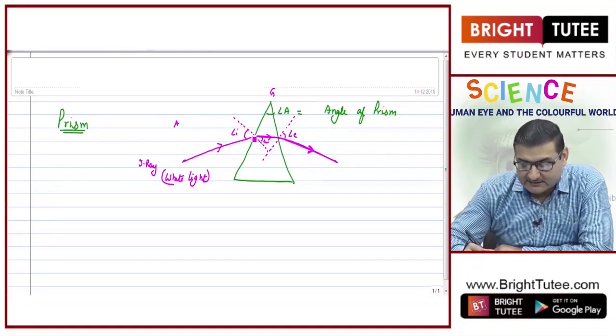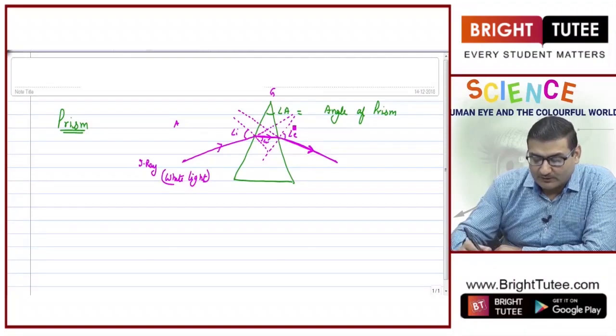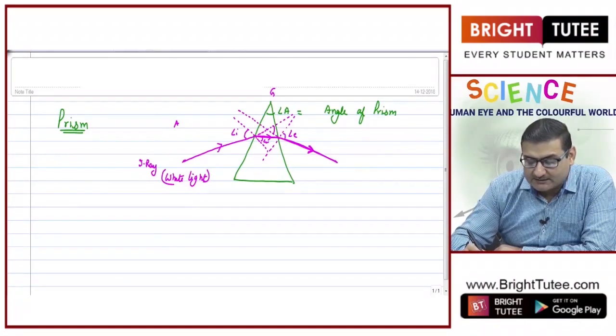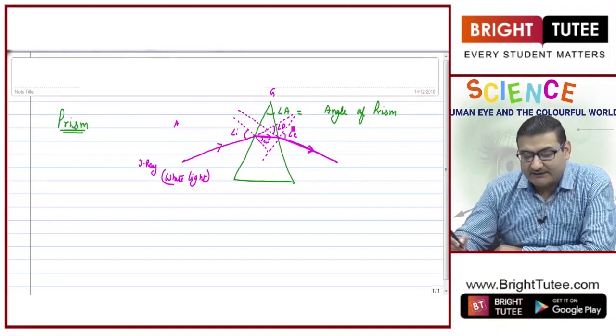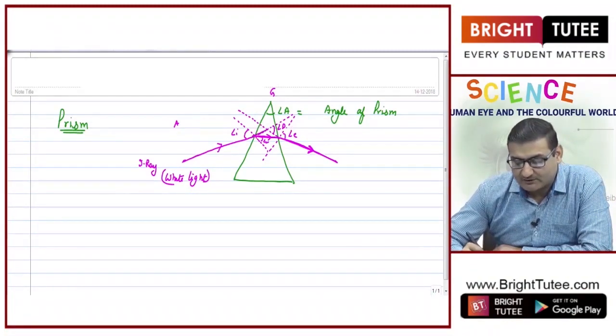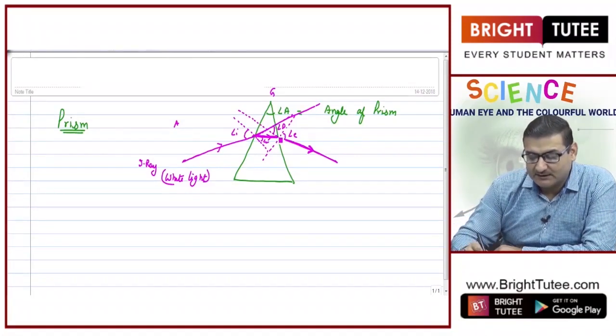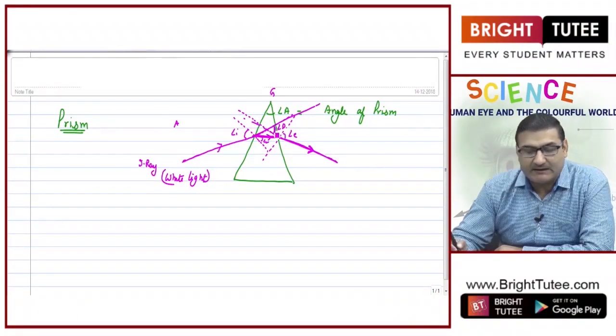If I just want to see by how much this particular light has deviated, this is known as the angle of deviation. This ray of light should have gone straight like this, but just because it is passing through a glass prism, it bends, and that is why it is deviated from its path.